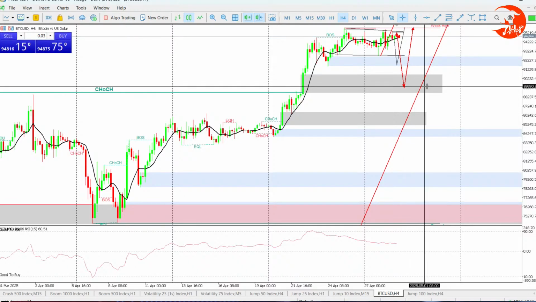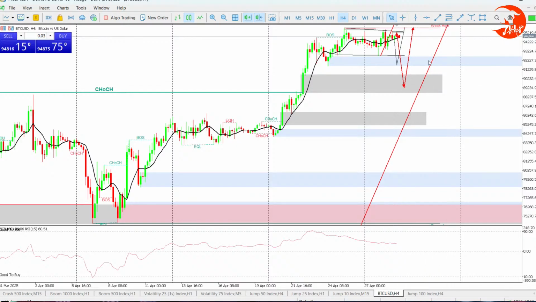So if price comes around 89k, we should be gearing up for buys on that very point. All right, now I think that's it for today.